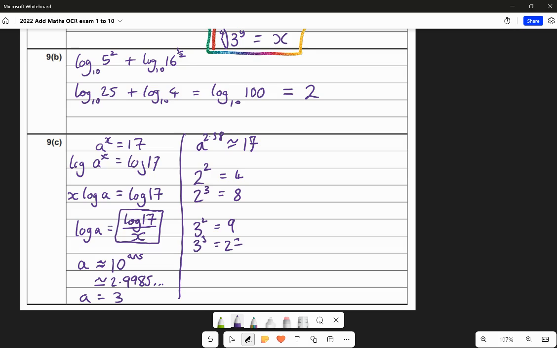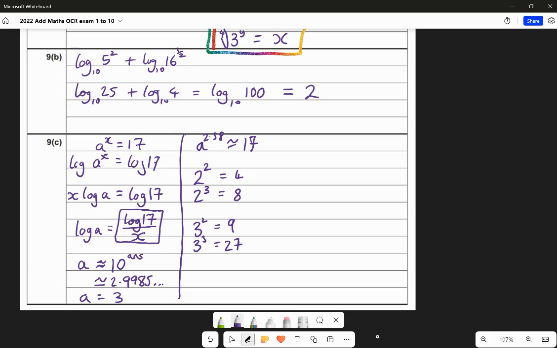So that looks much more likely, because 3 to the power of 2 point something will be 17. And if I try 4 squared is 16 and 4 cubed is 64, that is very unlikely, because 16 means that 4 to the power of 2.1-ish would be 17. So it's unlikely to be 2.58.